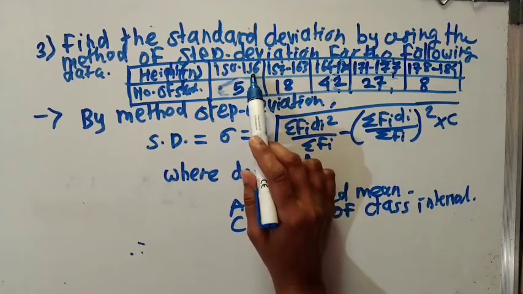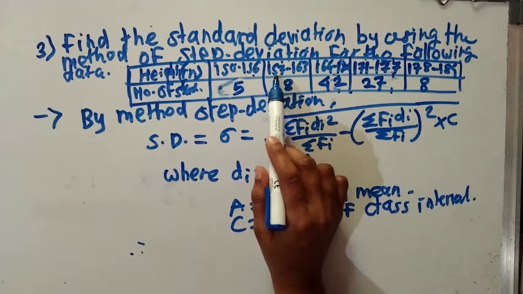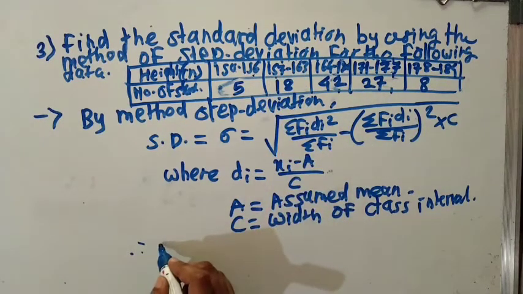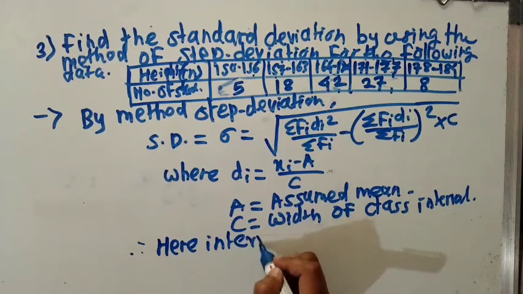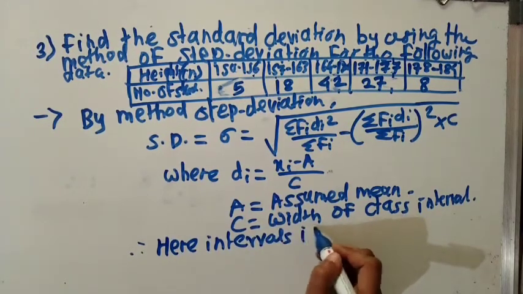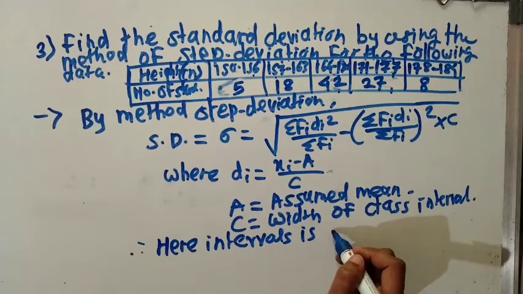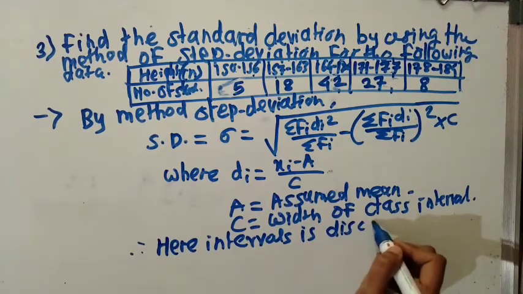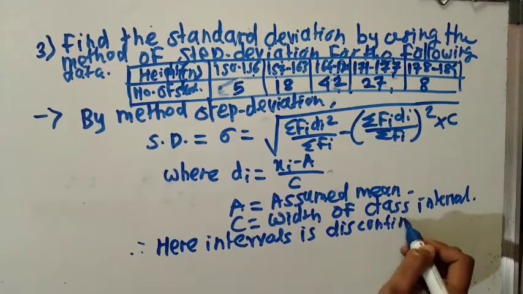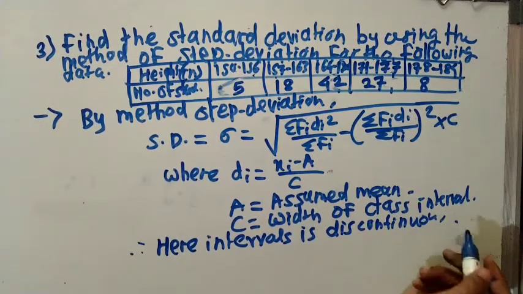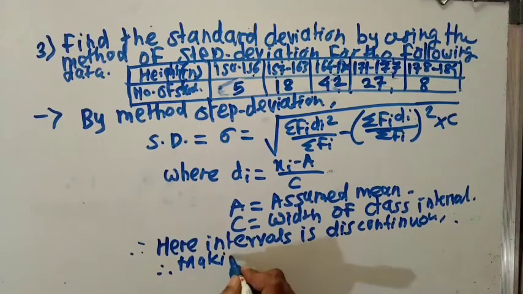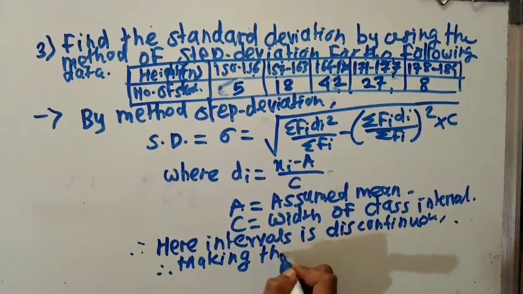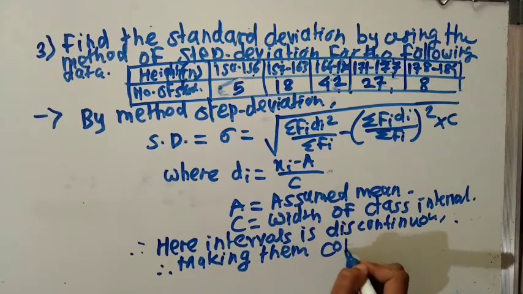There is 156 and here 157, hence this class interval is discontinuous. So first, making them continuous.